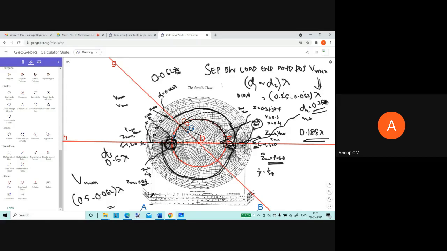From the maxima point to reach the minima point, I should travel another lambda by 4, or 0.25. So either you add 0.25 to it, or you find 0.5 minus 0.062. Can anyone tell me what is this position of minima?